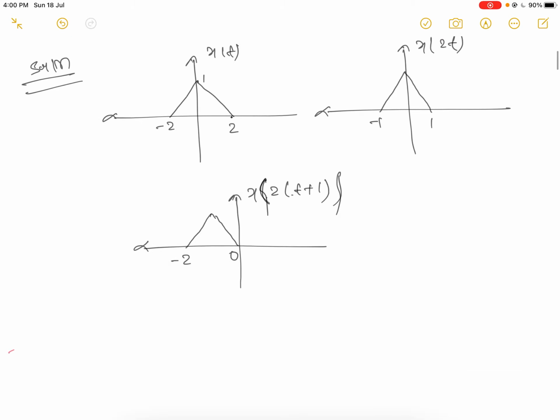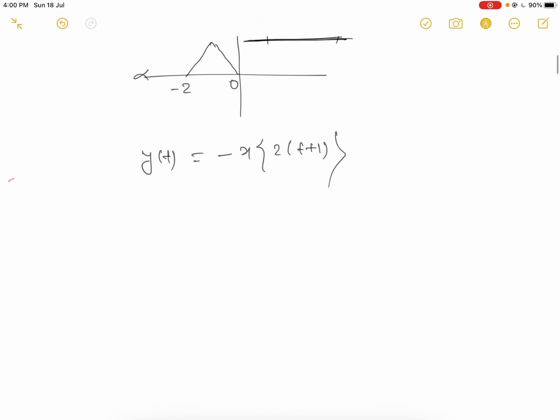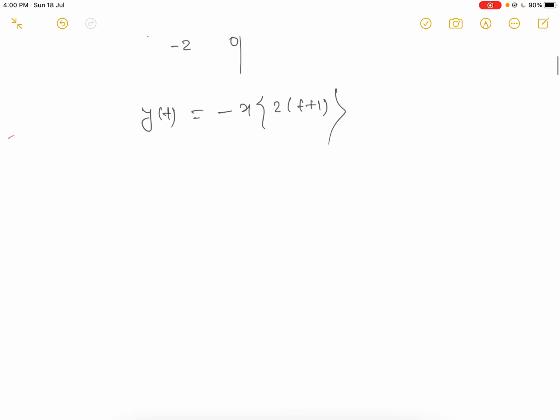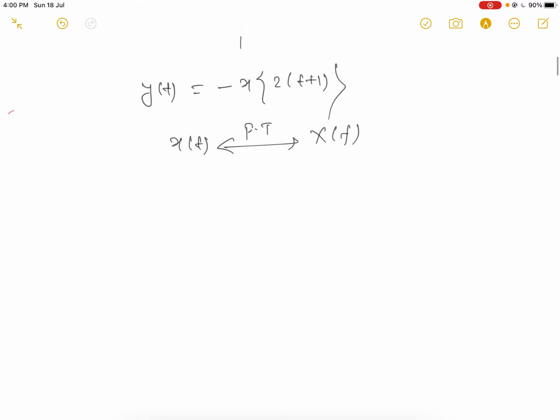So y(t) is nothing but the inverse of this graph. Inverse of this graph means x(2(t+1)), we can write it this way. Now check it. The Fourier transform of x(t) is X(f), it is given.